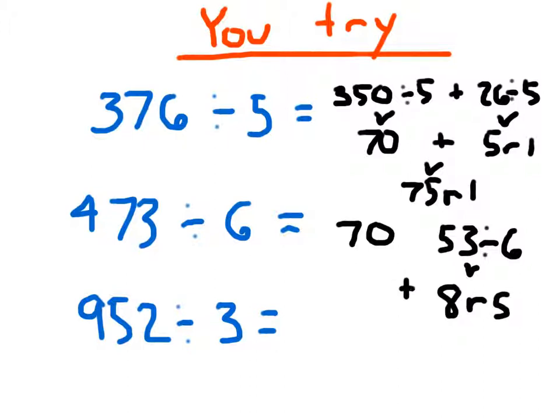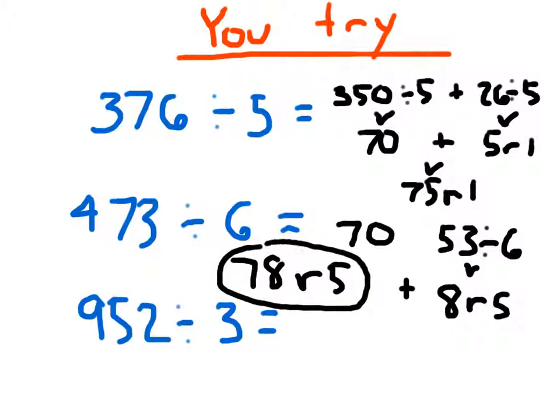Put it together with that 70, we get 78 remainder 5 as our answer, or our quotient. Again, at some point you might be looking at it going, okay, I know that 900 divided by 3 is 300, and then I have 52 divided by 3, which is 14. Put those together, you get 314.